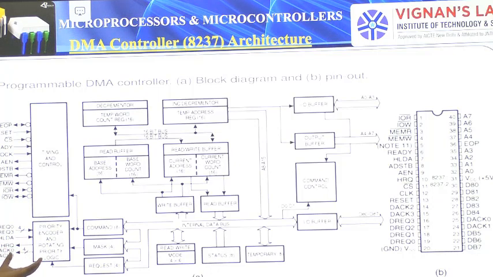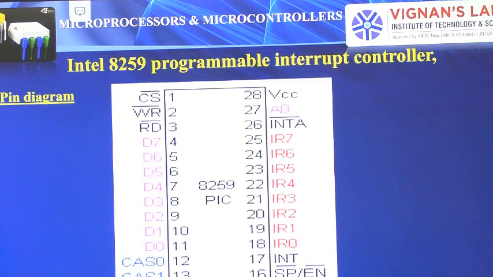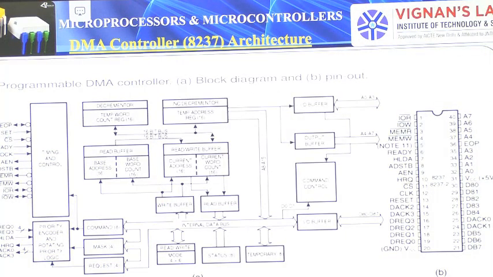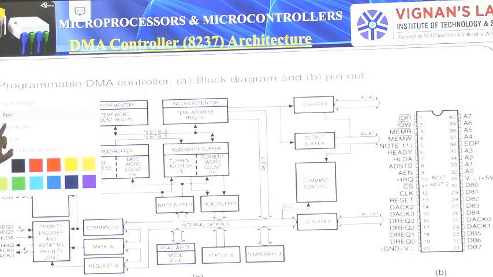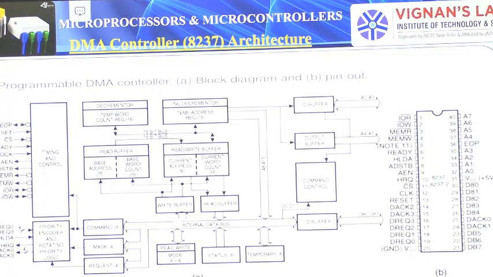Here we have the priority encoder and the rotating priority logic, based on the priorities from the input and output devices. The DMA controller is going to give the result to the devices based on priority, and based on that priority we handle the devices.